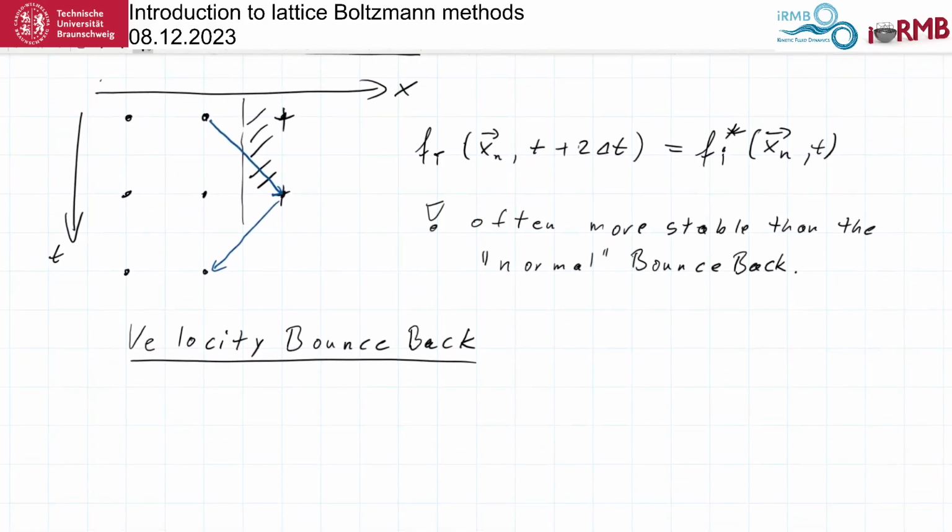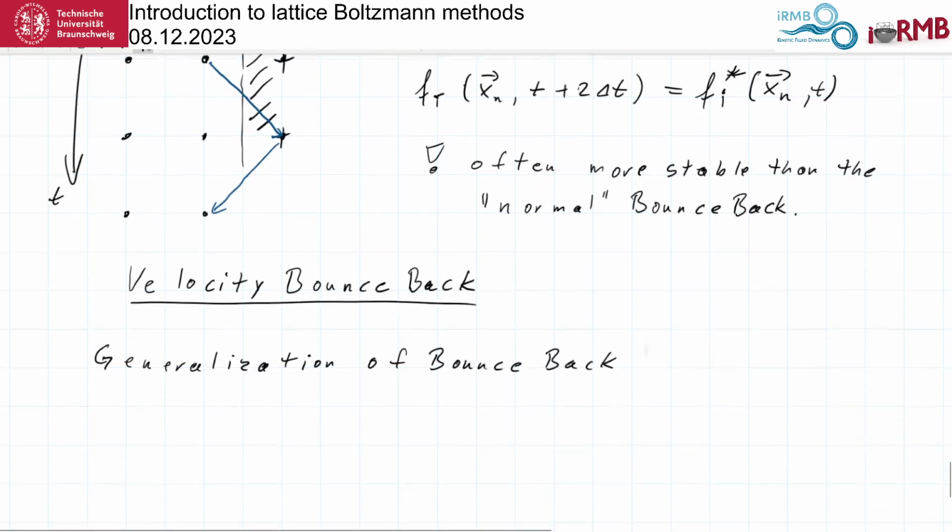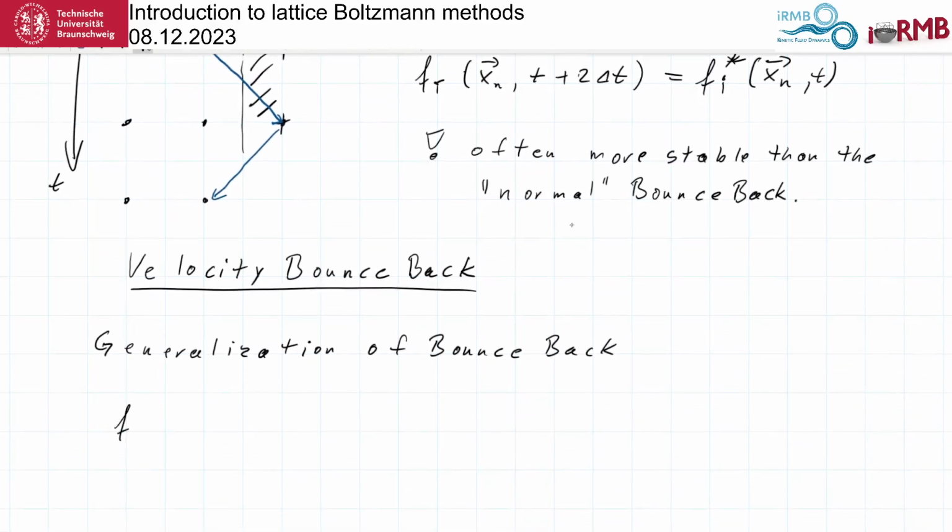So we can generalize the bounce back boundary conditions, both of them, no matter whether we use the delayed or the non-delayed version, to a non-zero velocity. I'm now not going through the derivation of this. I'm just giving it to you because I want to go to something else and need some time for this too.